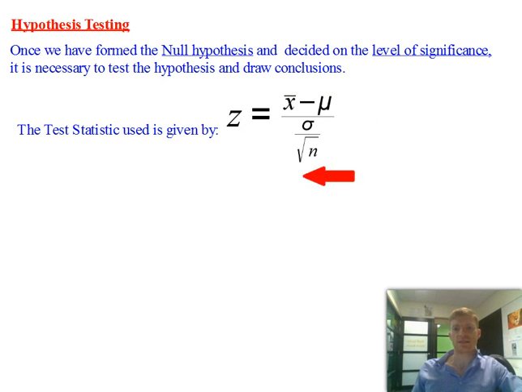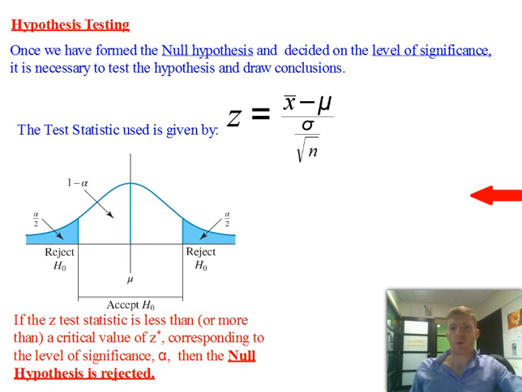This is similar to the z-score for normal distribution. Our sample mean here is what we're observing, whereas this here is the population mean. And here we're dividing by the standard deviation of the distribution of the sample mean.